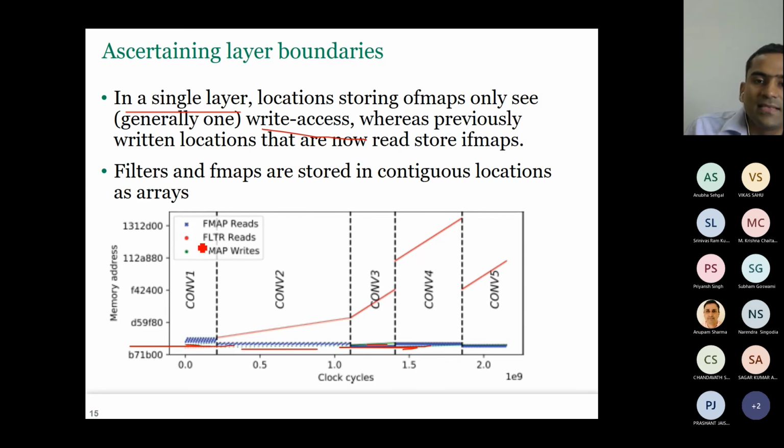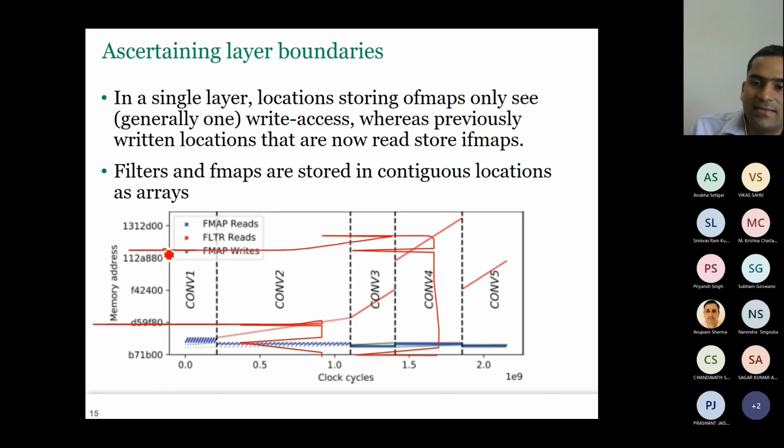Now, this red thing is the filter reads. Because filters were stored in contiguous locations as an array, we read them in sequence. See, this slanted portion shows that at this time we read this address, at this time we read this address.